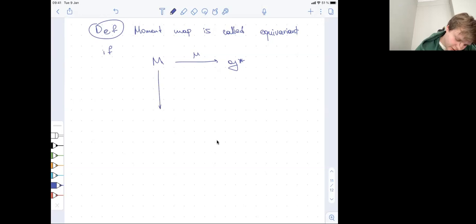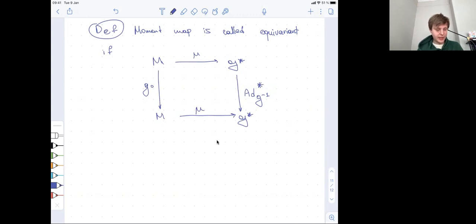Then you have the group acting on this M. For any element of my Lie group, I have a map which sends M to itself. Then I can again apply the moment map to M and obtain G star. Here I use the adjoint action with respect to g minus 1, the co-adjoint action. So we say that the moment map is equivariant if such a diagram commutes.